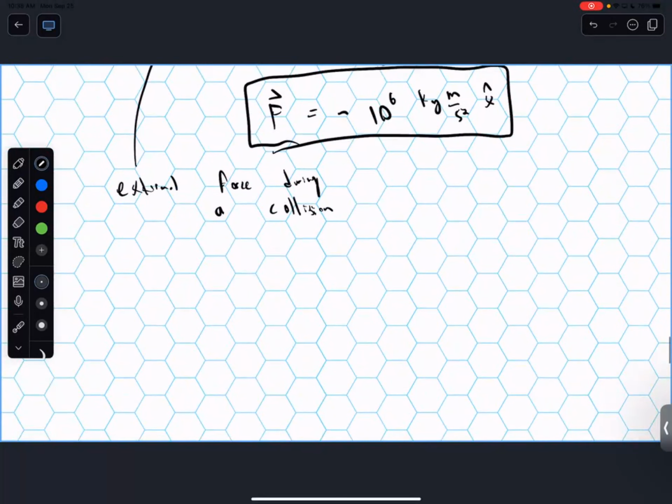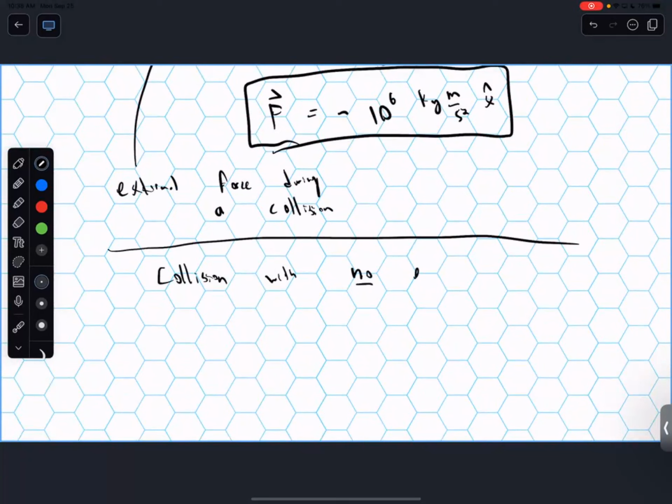So now we're going to do an example of a collision with no external force. The reason we're going to emphasize this is because that implies net momentum is conserved.